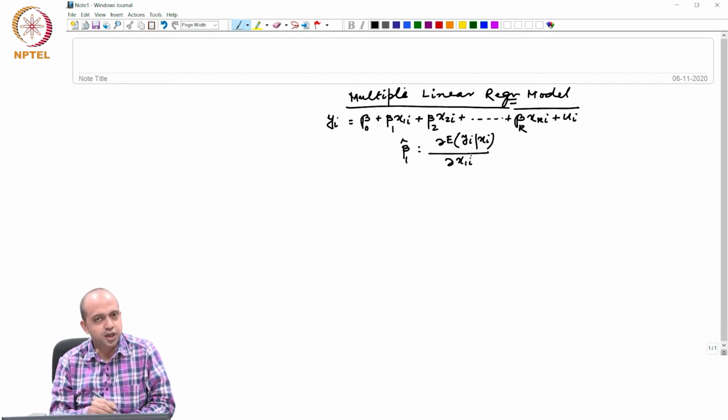That means, in economics many a time we have heard about the term ceteris paribus. Ceteris paribus condition means keeping the impact of other factors constant.